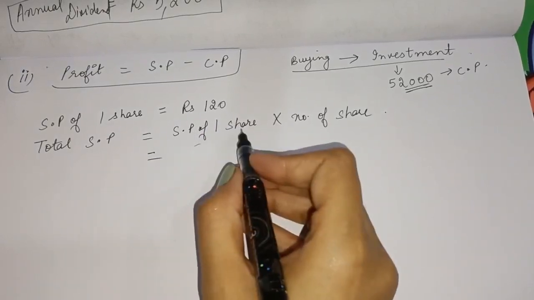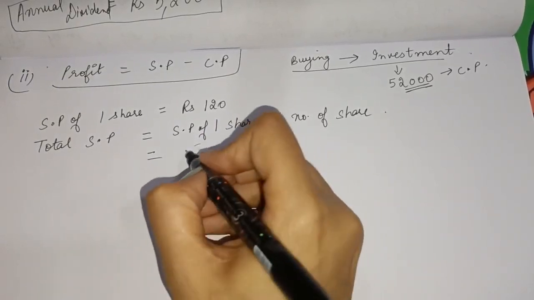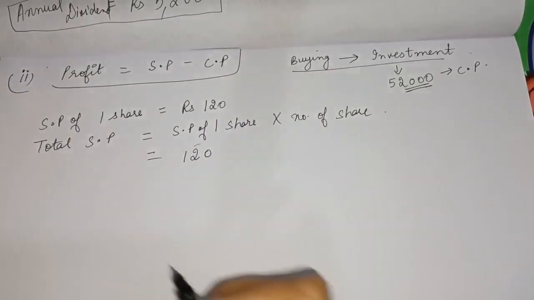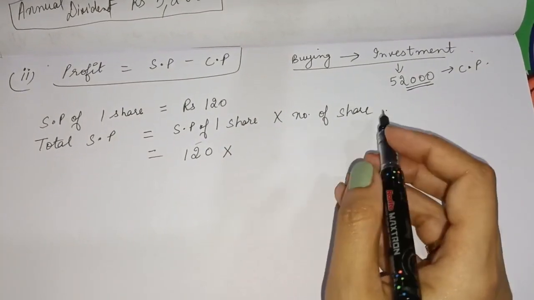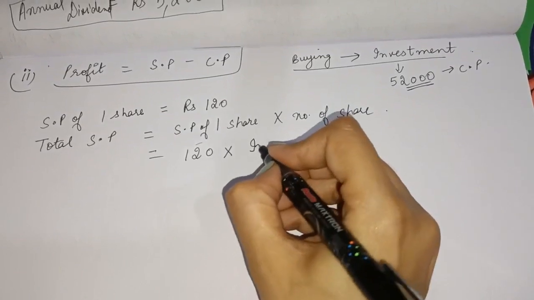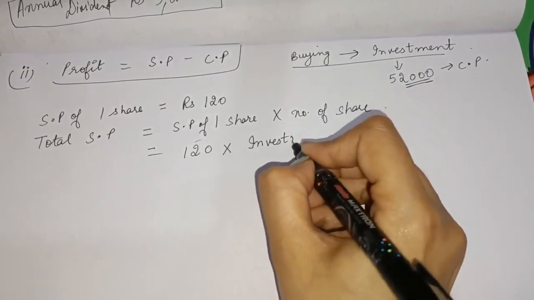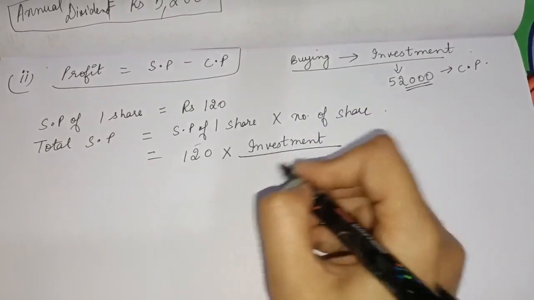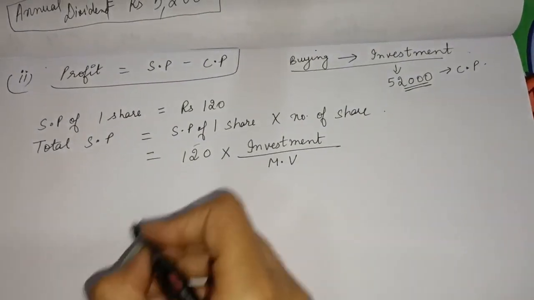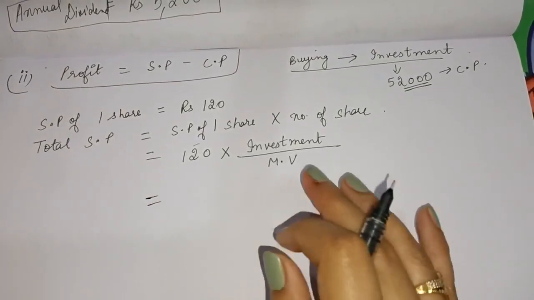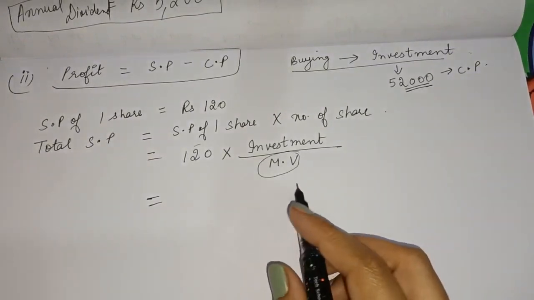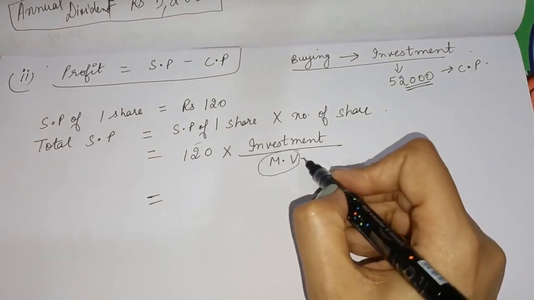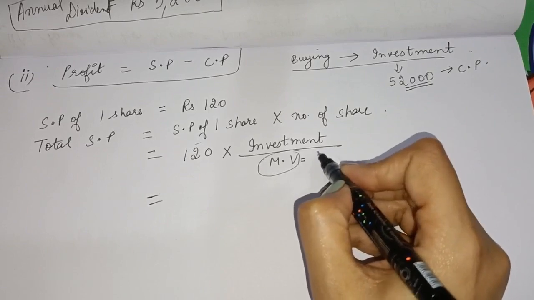What is the selling price of one share? It is the market value, which is equal to 120, into number of shares. We don't know the number of shares, so we will again use number of shares equal to investment upon market value. Which market value do we use here? The one given in the first case, which is 80.